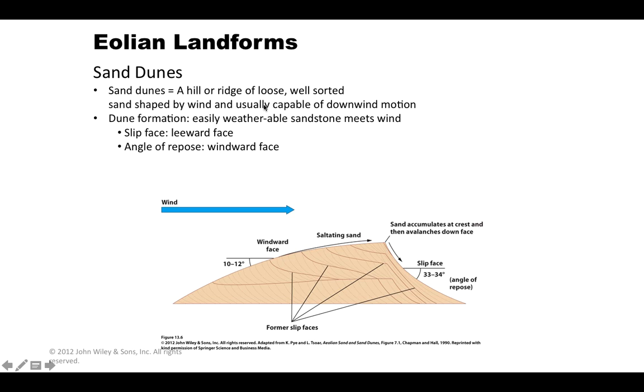Now, the top of this sand dune is going to be somewhat loose, but this can be a very, very large, almost like a little hill. Some sand dunes can be very high, almost 1,000 feet.